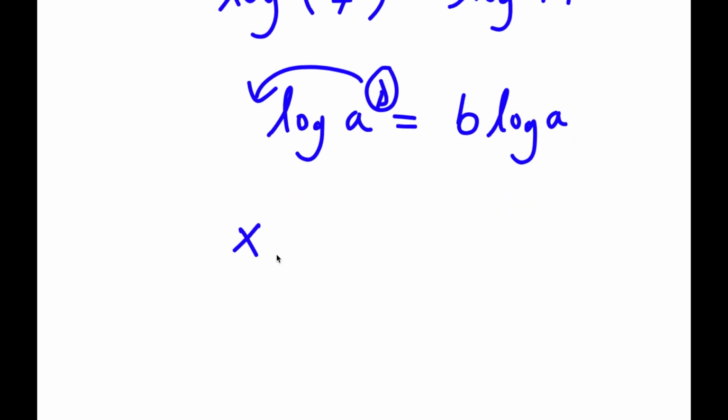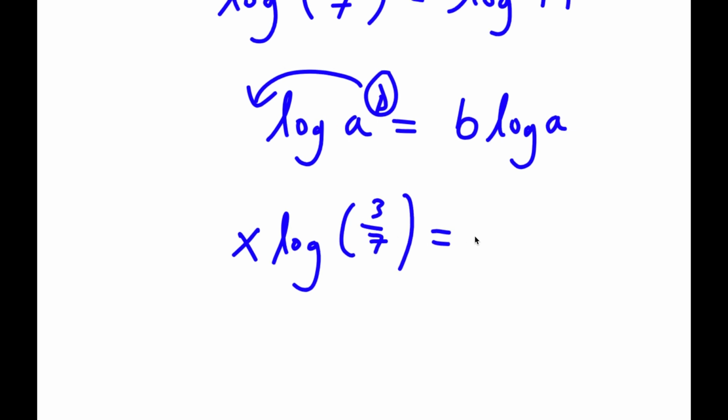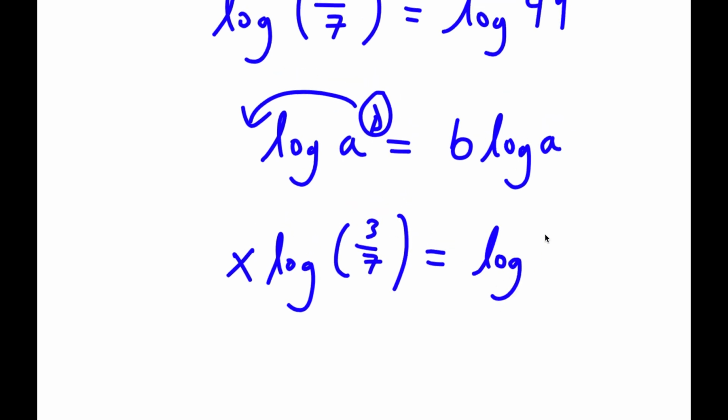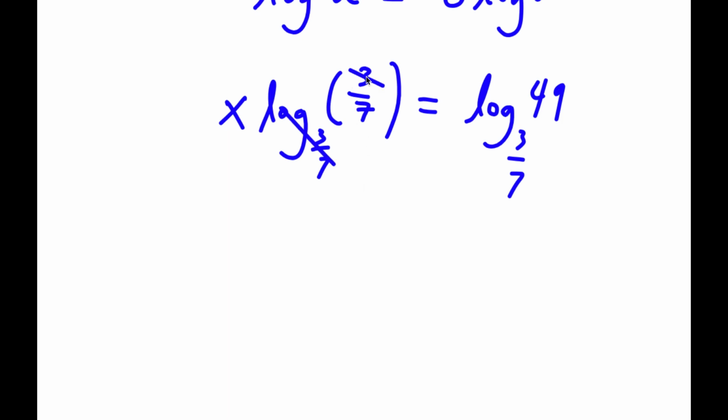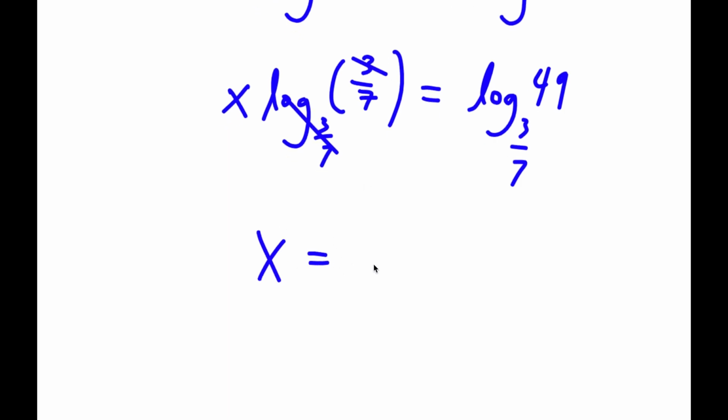So this is going to equal x times log 3 over 7 is equal to log 49. Actually, I'm going to take log with base 3 over 7, not just the normal log. Sorry about that. So I have log base 3 over 7, and as you can see, these two are simply going to cancel out. So now I have x is equal to log base 3 over 7 of 49.